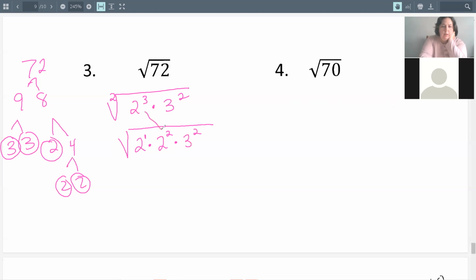So pretty much I split this 3 up into a 1 and a 2. I did that so anything with the exponent of 2 can come out. The square root of 4 is 2. The square root of 9 is 3. But this 2 to the power of 1 stays under the radical. So the square root of 72 is 6 times radical 2.